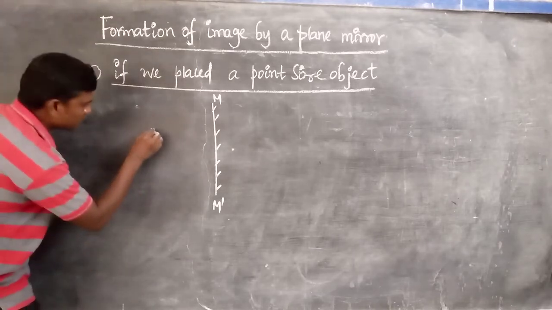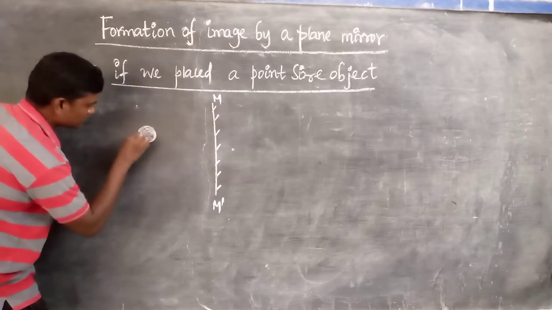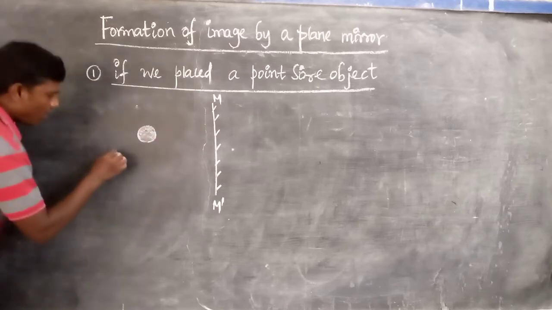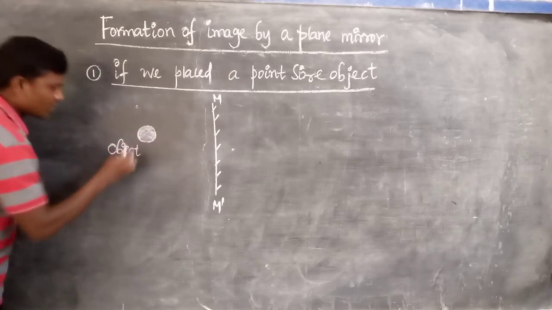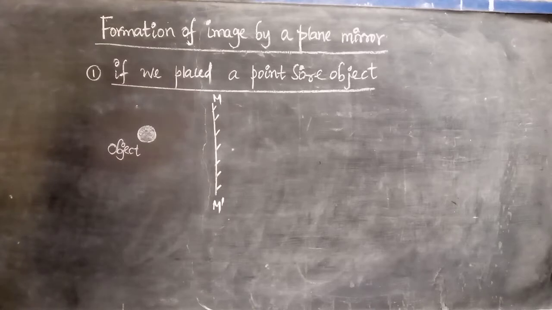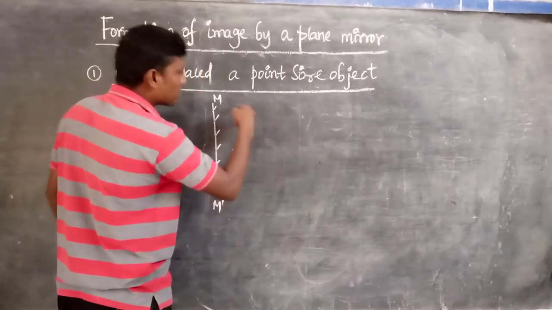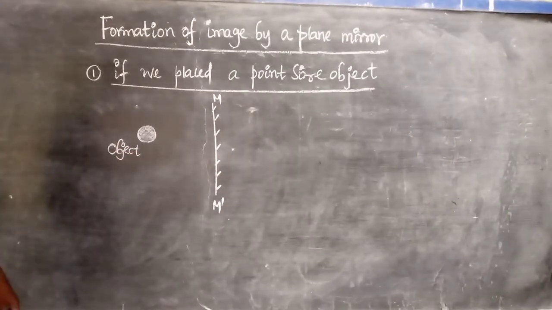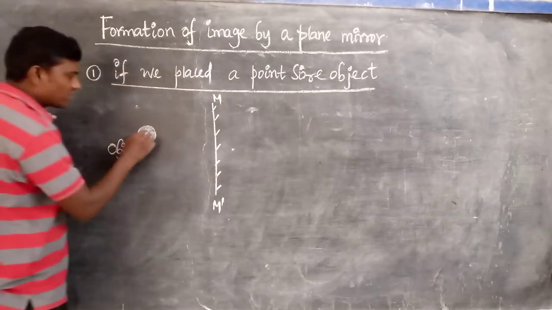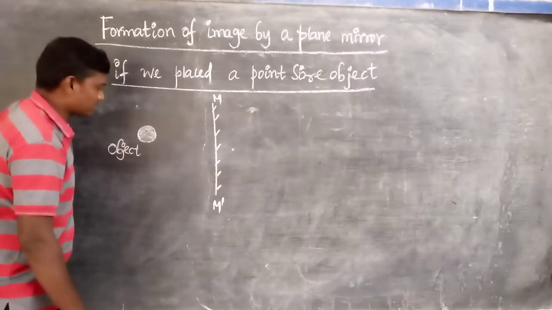For example, like this. It is the object, and it is a point size. Point means generally we put it like this; its shape is spherical. It will be placed in front of the reflecting surface of the plane mirror.